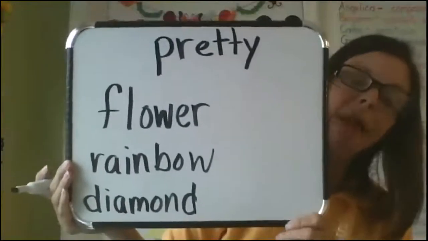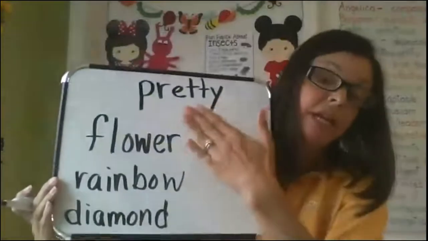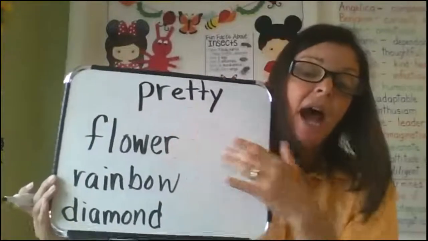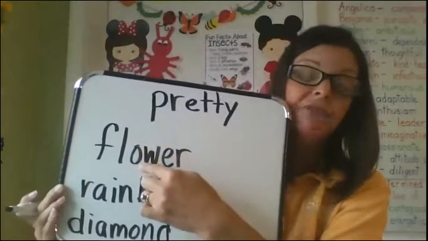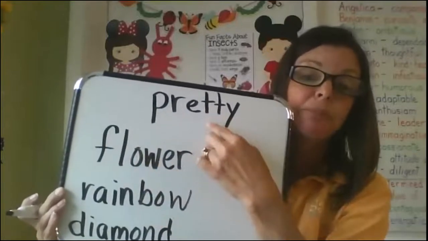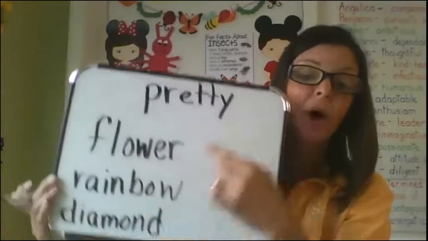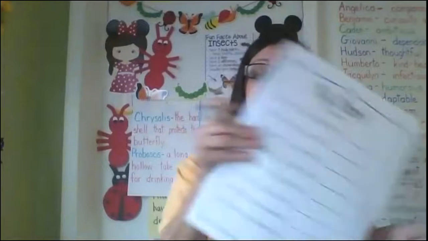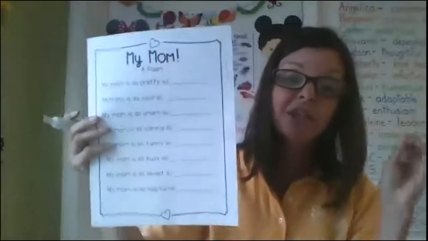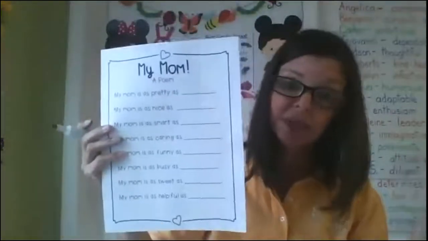So when I compare somebody or something to pretty, I would say my mom is as pretty as a flower. My mom is as pretty as a rainbow. My mom is as pretty as a diamond. So take a look. You're going to be printing this out on Seesaw, and this is going to be your poem using similes.